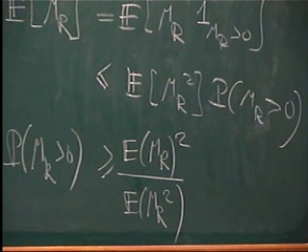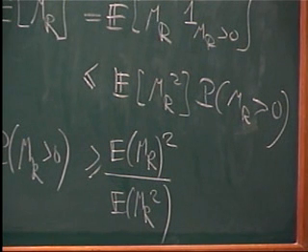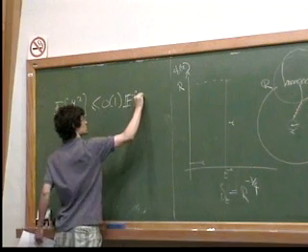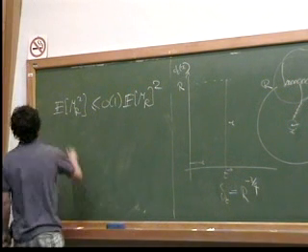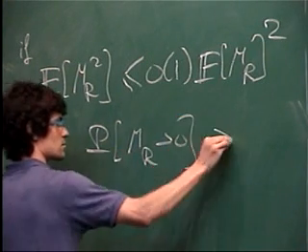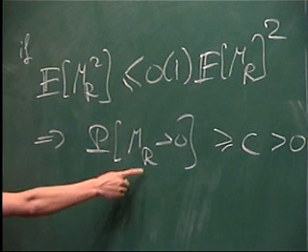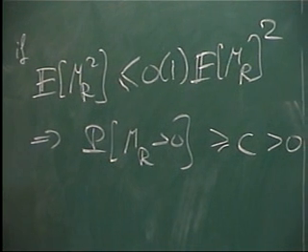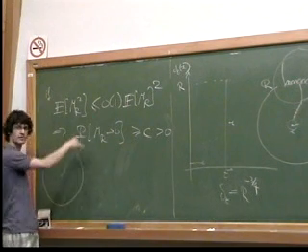So if we manage to prove this, that the second moment is bounded by a constant times the square of the first one, then we'll prove that this probability is bounded below, independently of R. So you can let R go to infinity, and it will mean that if you take something really big, you will spend some time, maybe very small, but where the zero will be connected very far away.